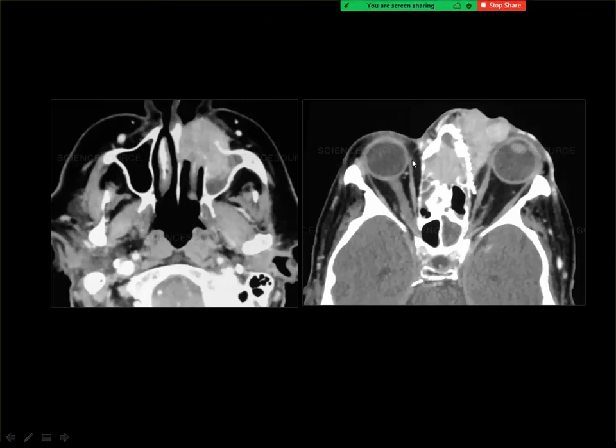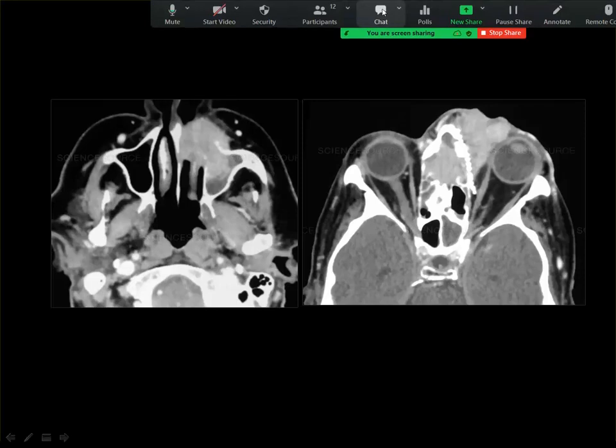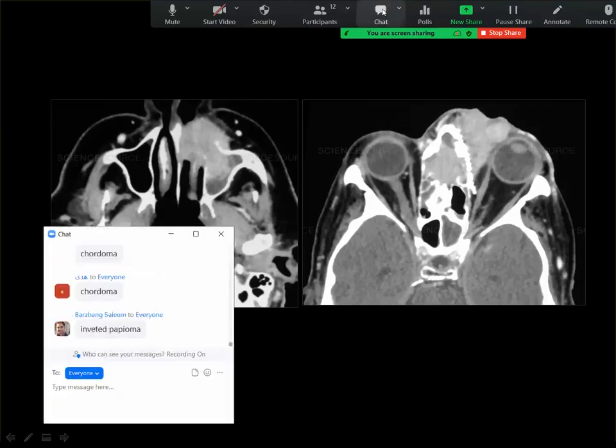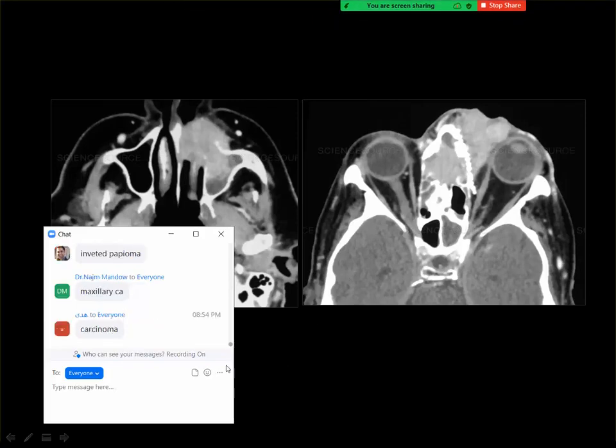Okay, and then this is CT scan of the paranasal sinuses showing a mass in this area, and it has extended also inside the orbital cavity and the ethmoidal air cells. No, this is not, of course, the inverted papilloma.